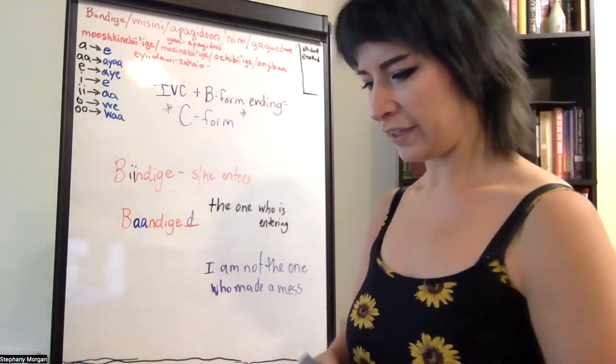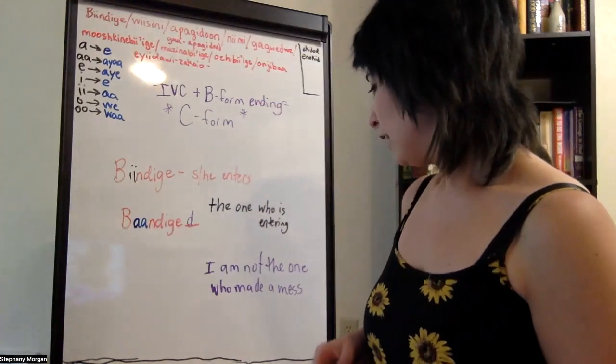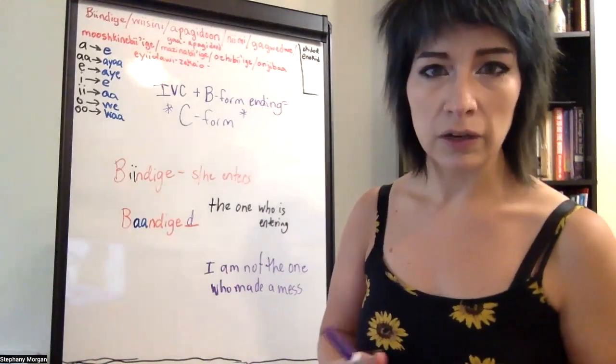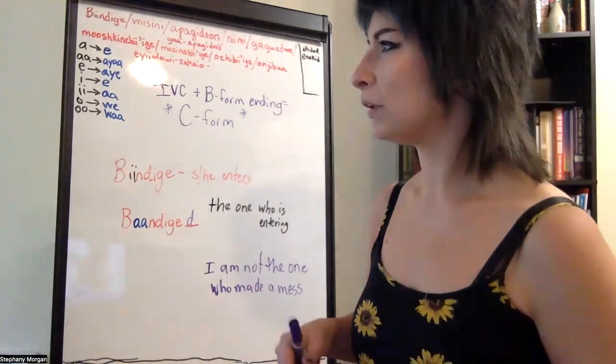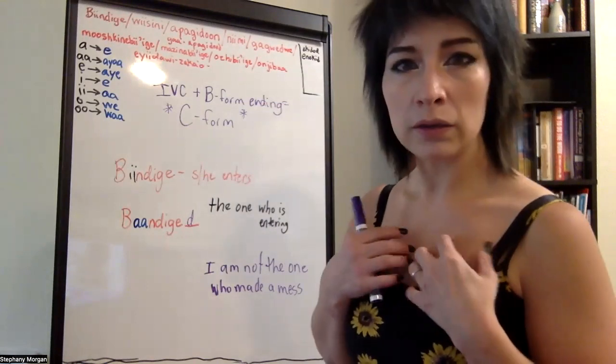This is different than saying, I didn't make the mess. Though either of them are correct, in this case, it would be like, no, even though he said it was me, I'm not the one who did it.